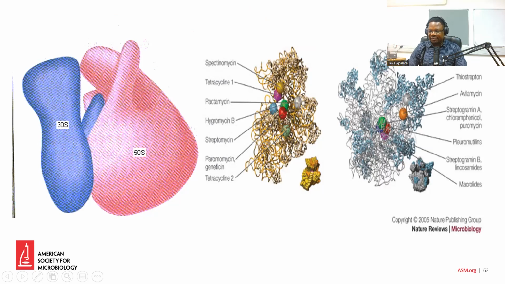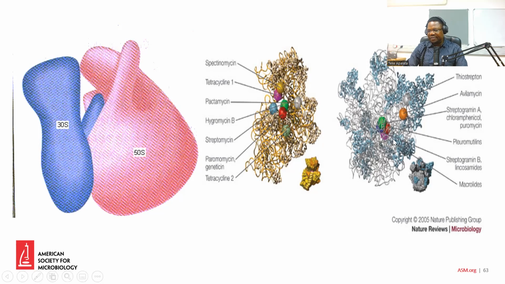The smallest subunit here is the 30S subunit. Spectinomycin, tetracycline, streptomycin and the aminoglycosides target the 30S subunit of the bacterial ribosome.